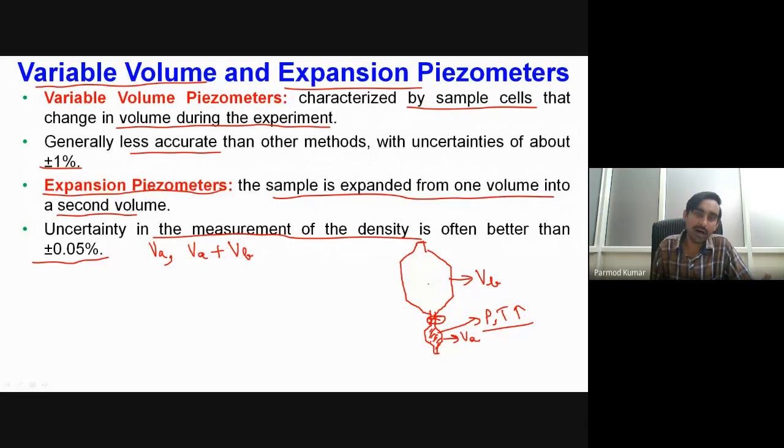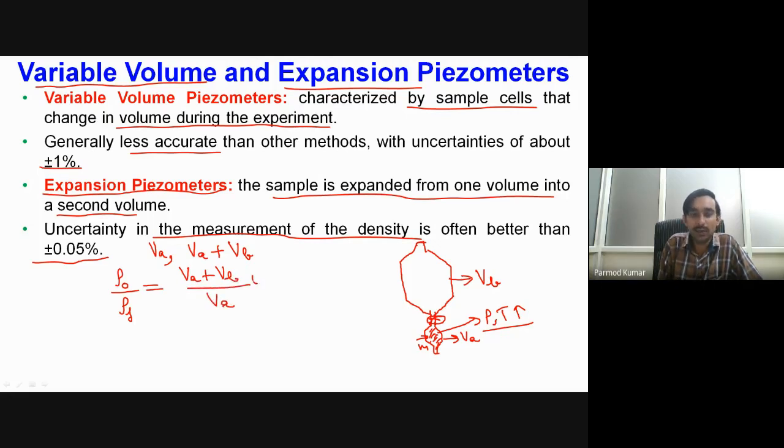Okay, so initially we have taken some mass M over here, and after expansion also, because we have not added anything from outside, nor have we taken anything to the surroundings, the mass of the gas that we put inside our pycnometer remains constant. So if I define the ratio of densities as the original density divided by the density of the final state, that will be equal to VA plus VB divided by VA.